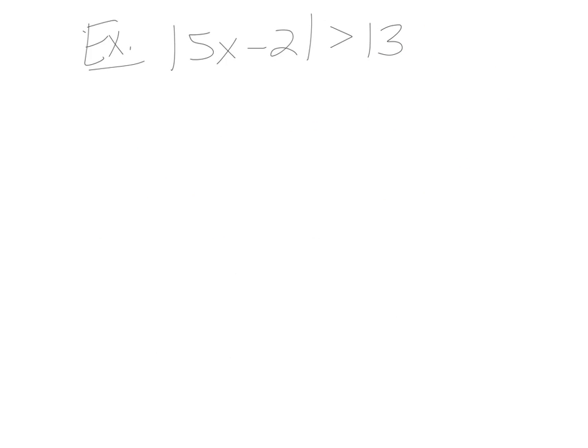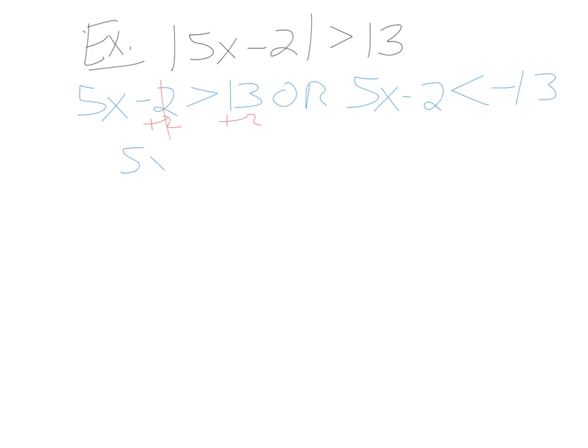Let's do one more. It's a greater than, so I want to write it twice. 5x minus 2 is greater than positive 13, or 5x minus 2 is less than negative 13. Solving the one on the left, we're going to add 2. 5x is greater than 15.